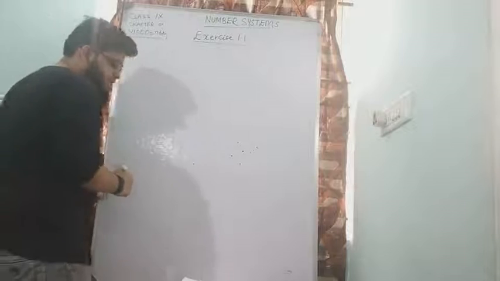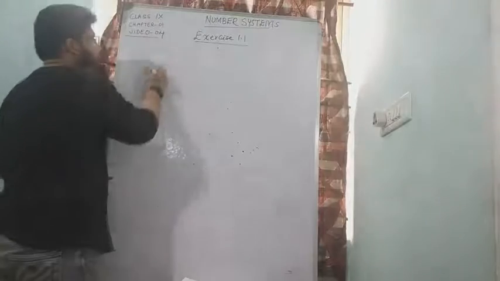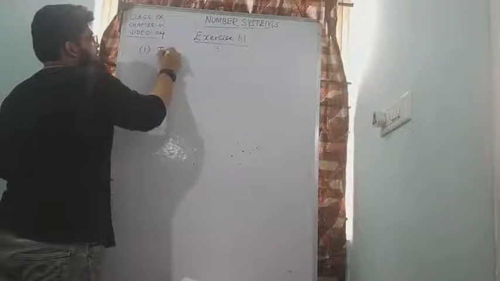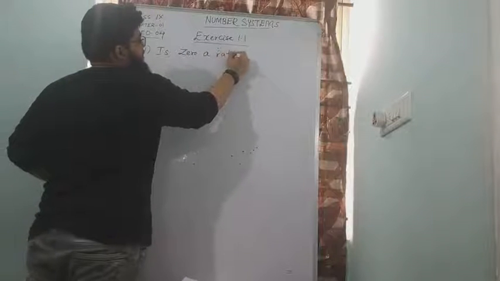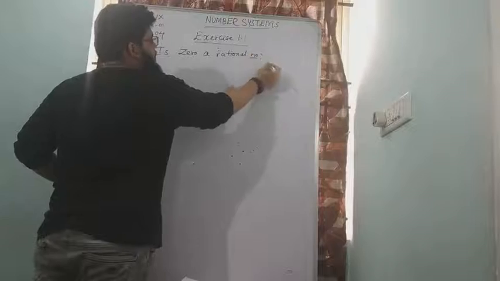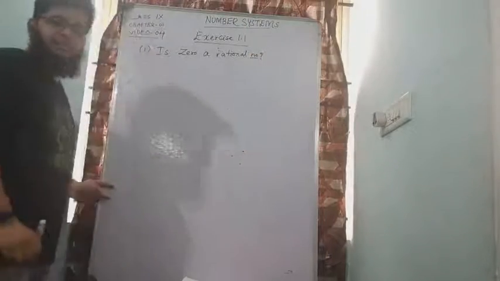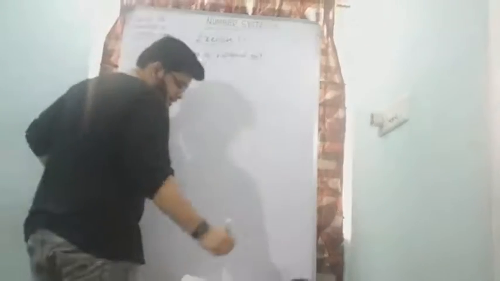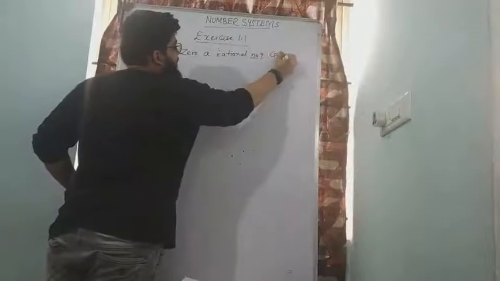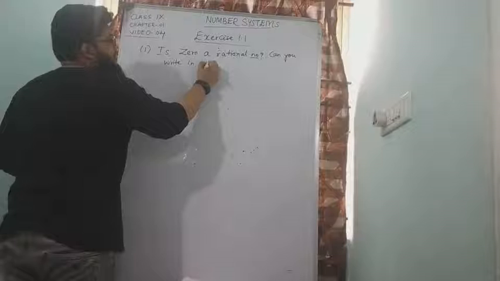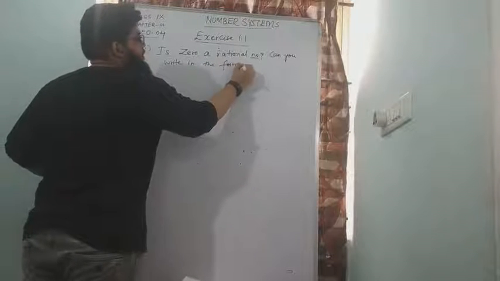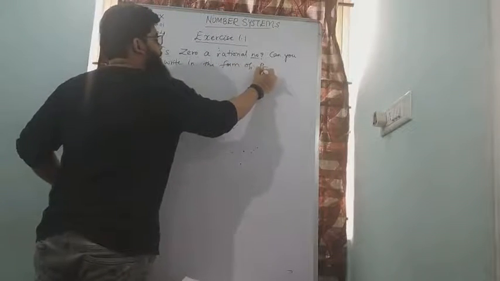Our first question tells, is 0 a rational number? And then it also asks, can you write it in the form of P by Q?